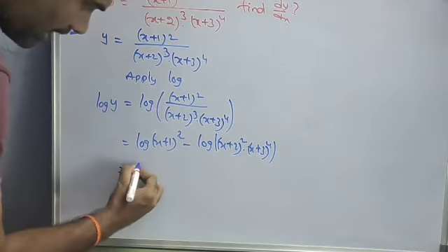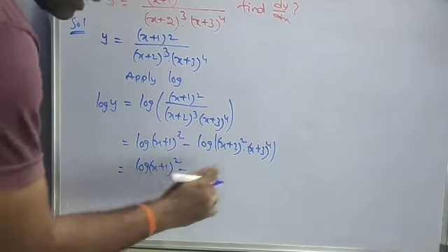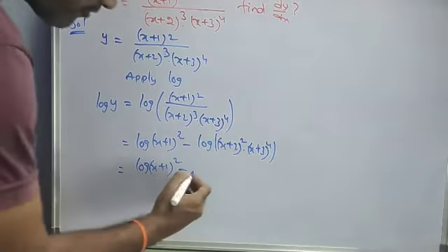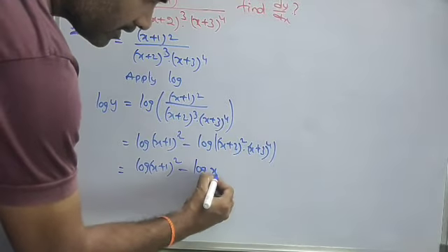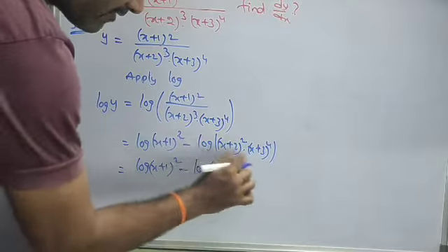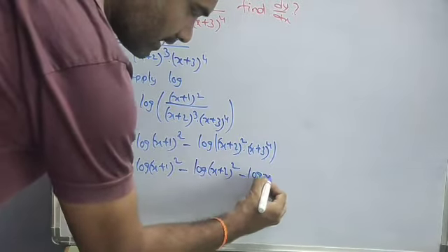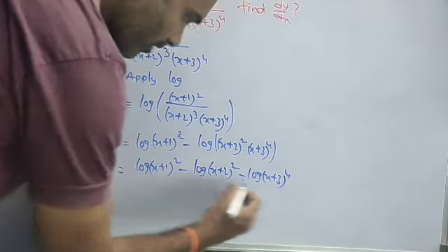Okay, so here I am taking that log of x plus 1 whole square. Here log of AB means log A plus log B, but here we are having the minus, into plus minus log of x plus 3 whole to the power of 4.